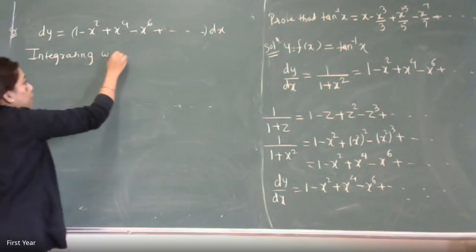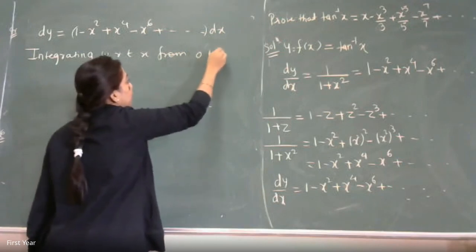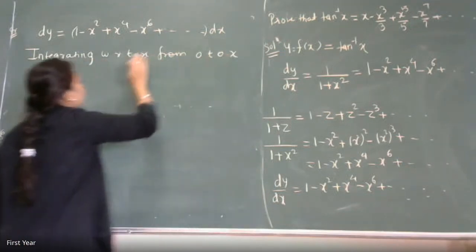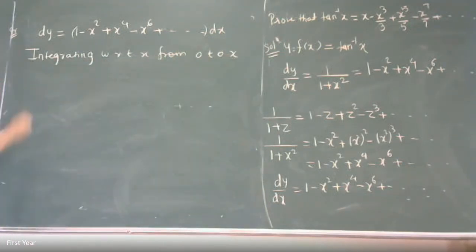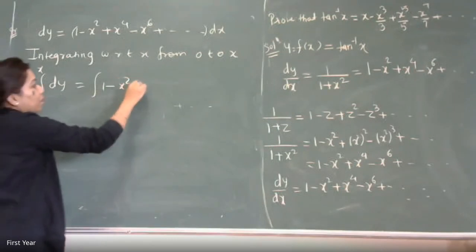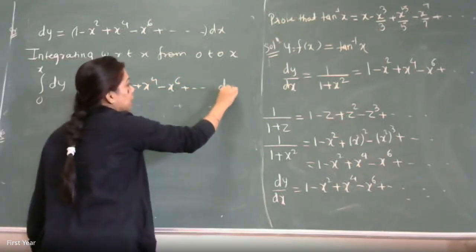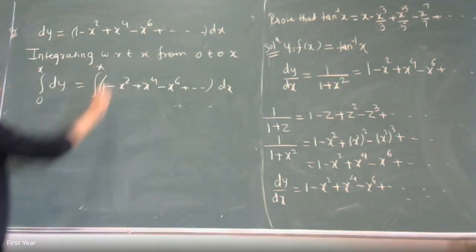Integrating with respect to x from 0 to x. Integrating both sides from 0 to x. Integration of dy from 0 to x is equal to integration of 1 minus x squared plus x raised to 4 minus x raised to 6 plus dot dot dot dx from 0 to x.